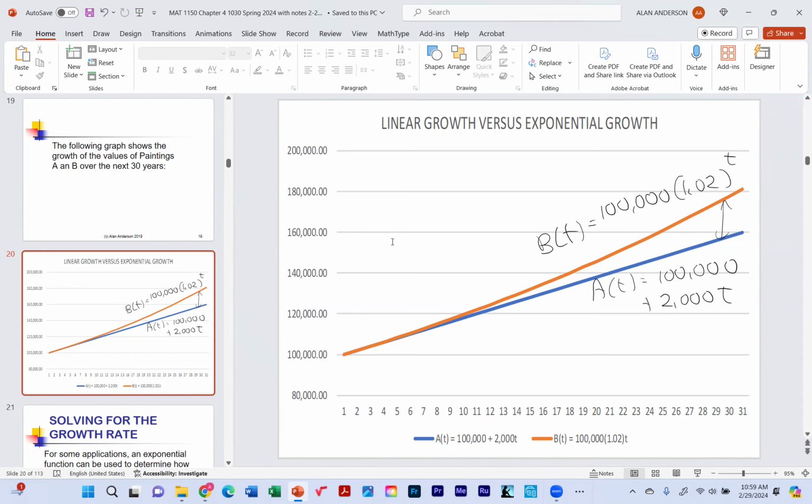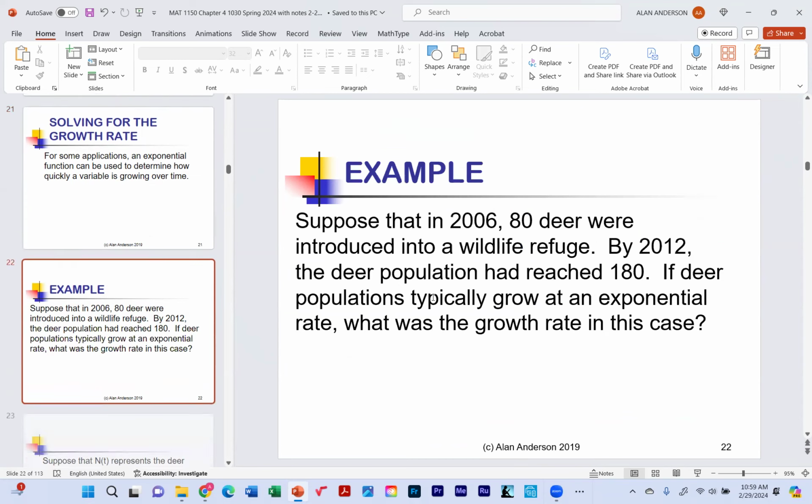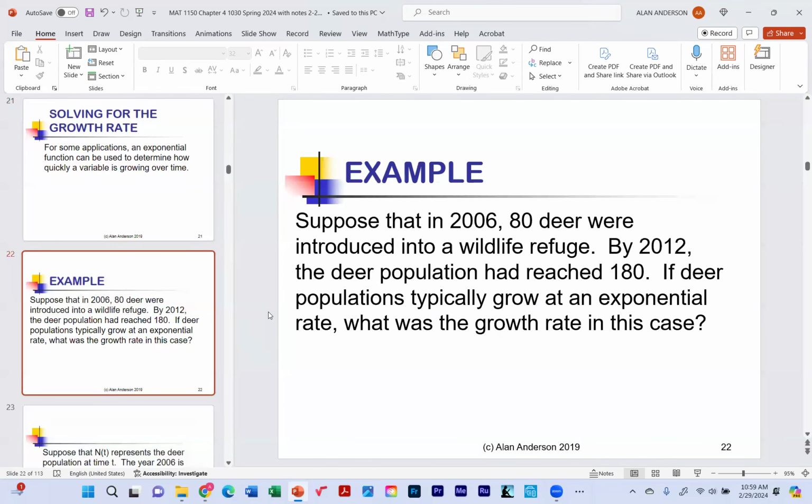Okay, so now we've got some examples. Sometimes our interest in these cases comes down to the growth rate itself. We're interested in knowing how quickly something is growing over time, and we can solve for that algebraically. For example, here's a biology example. In 2006, 80 deer were introduced into a wildlife refuge. Okay, so they've got all this open land and they're just running around all day.